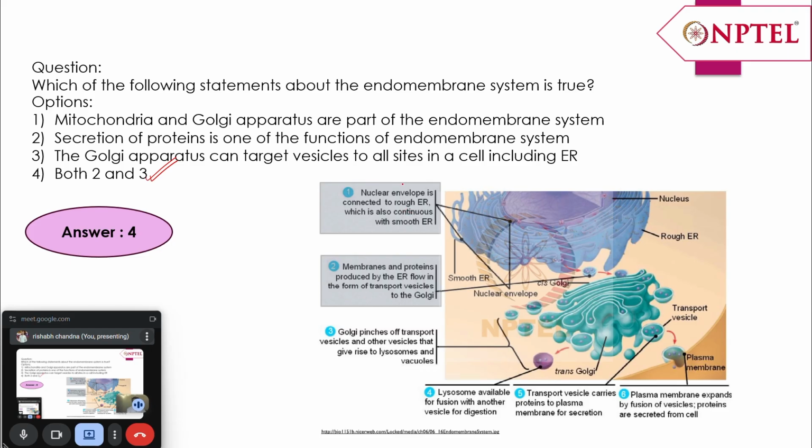So what is exactly the endomembrane system? The endomembrane system actually comprises more than 40% of the membranous part of the cell.